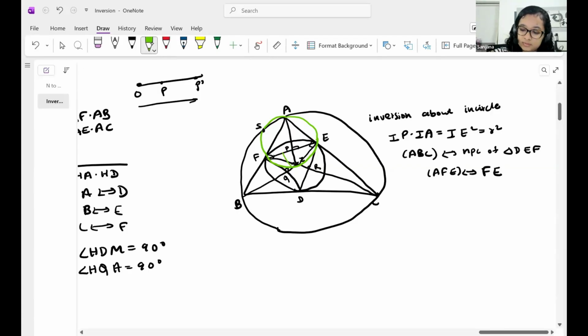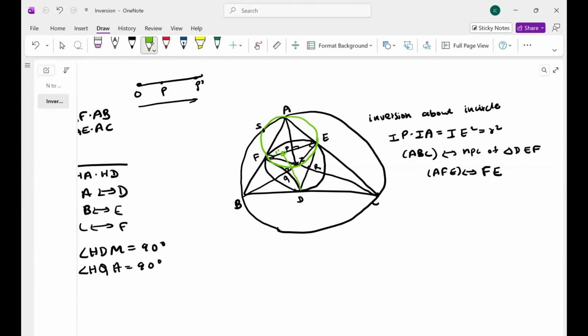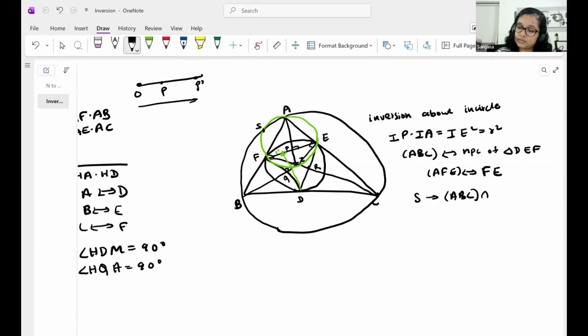And why is this true? Because the 9-point circle passes through the foot of the altitude. Yes. So you know that S is the intersection of ABC and AFE.